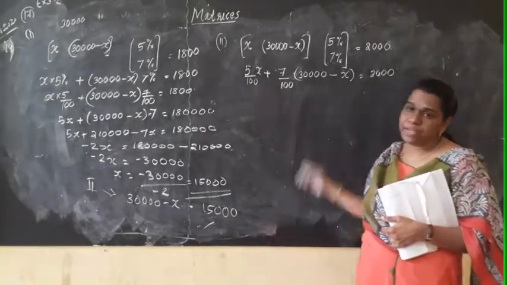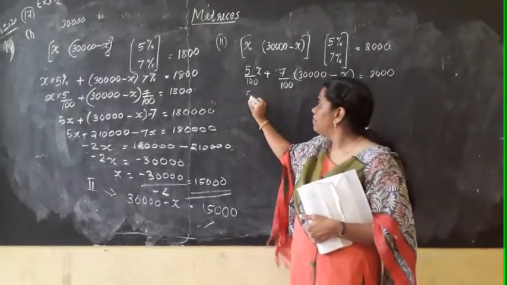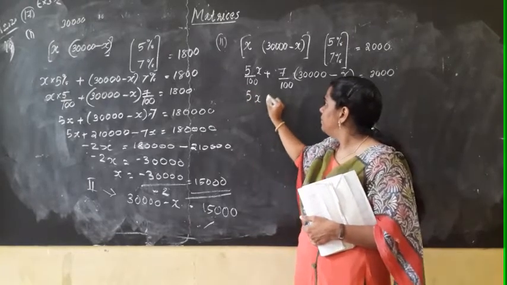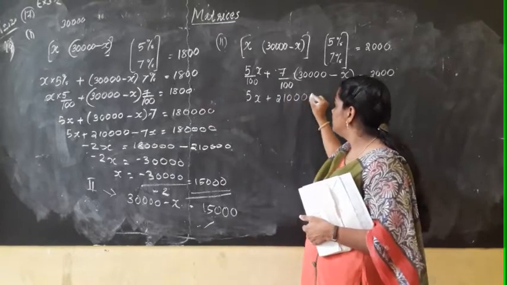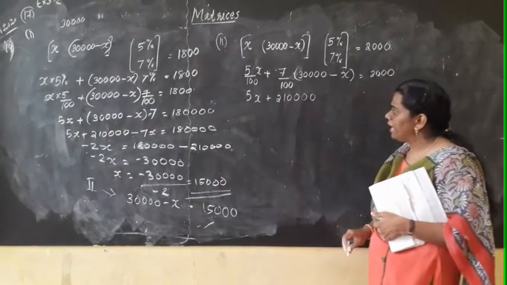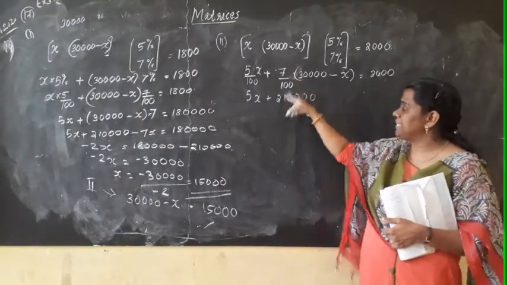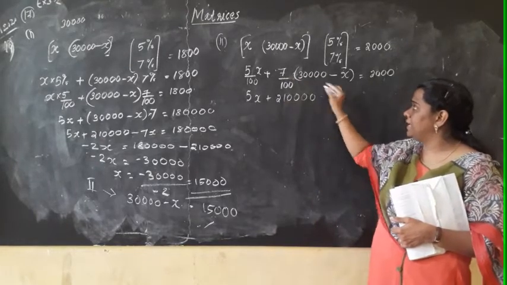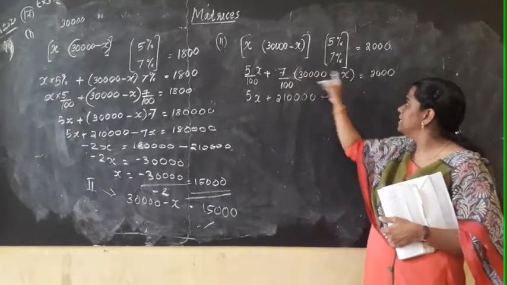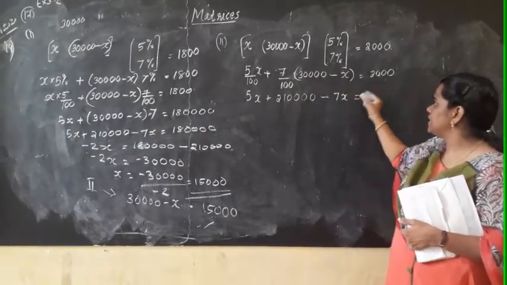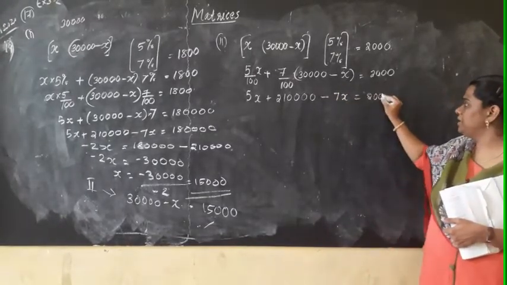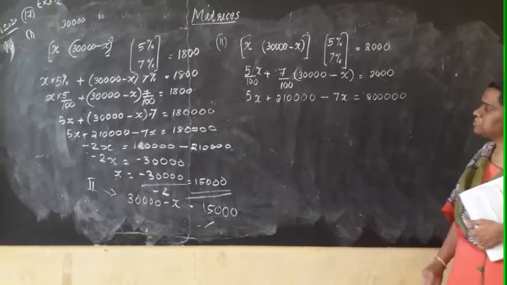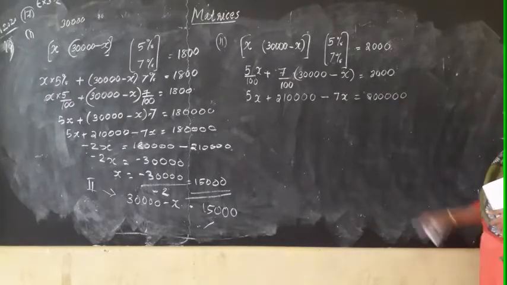Then multiply by 100. 5x plus 7 into 30,000, 7 3s are 21, 2 lakh 10,000 minus 7x is equal to, here you multiply by 100. What we get? 2,000 into 100.